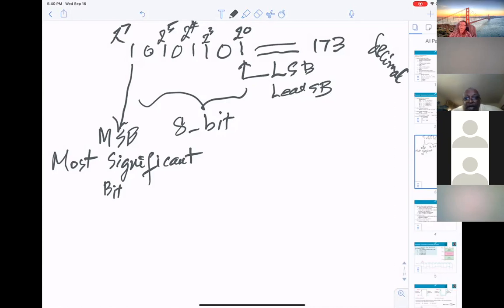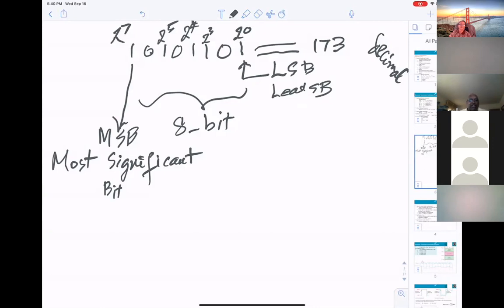Hey, Mr. Pham, I think you got them, I know because you're writing on the board, but I think they kind of misaligned. Like the first one is 2 to the 0, and then where you have the 1 is 2 to the 1, where the next is 2 to the 2, and the other one 2 to the 3, 2 to the 4, 2 to the 5, 2 to the 6, 2 to the 7. Okay, it's just the way you're writing.